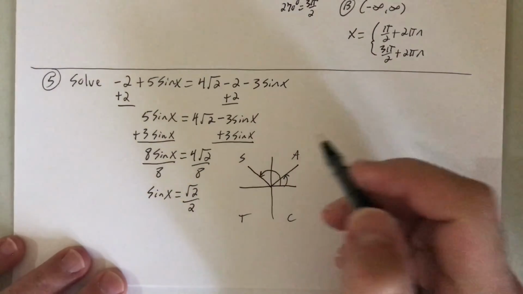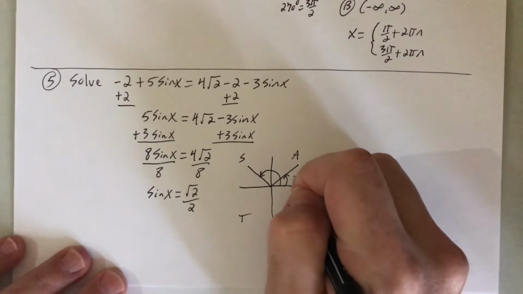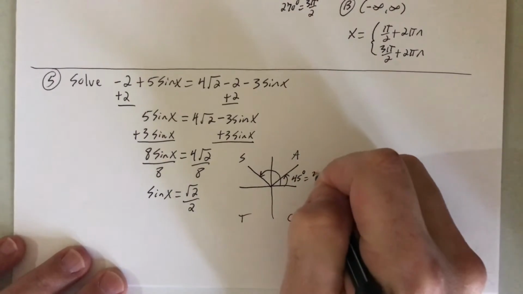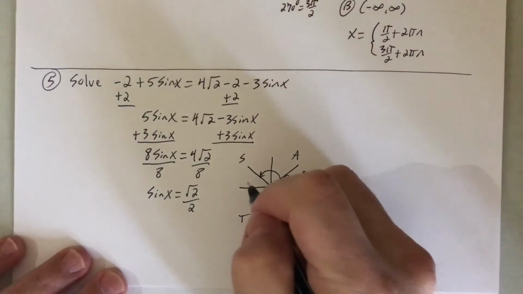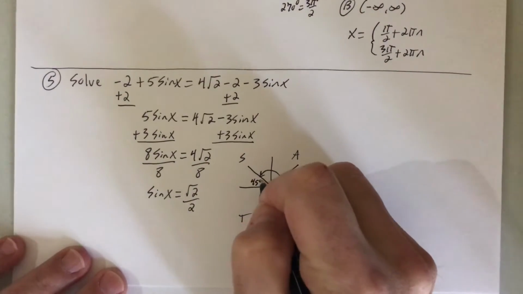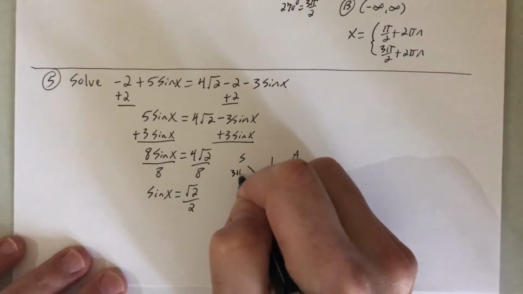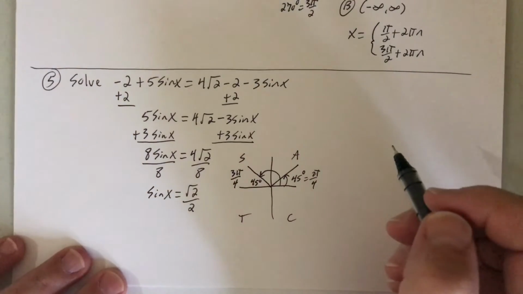It was on the 45s, so this angle is 45 degrees, which is pi over 4. Using that as a reference angle, from here to here is 135 degrees, which is 3 pi over 4.